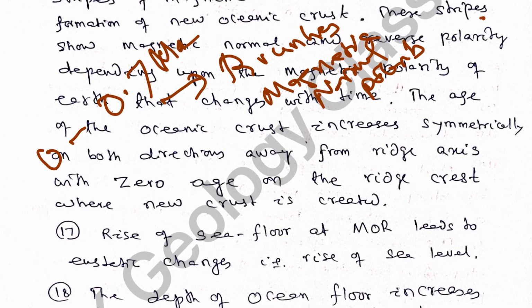Time will come when this normal polarity will change, and it is related to the geodynamo that operates within the outer core of the Earth, which controls the magnetic field of the Earth.